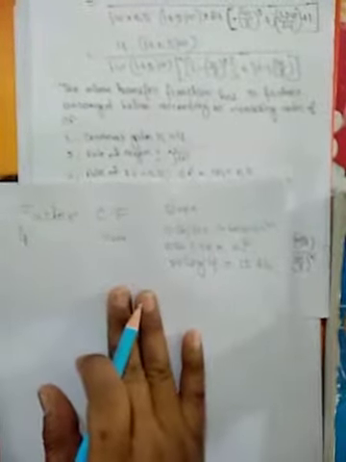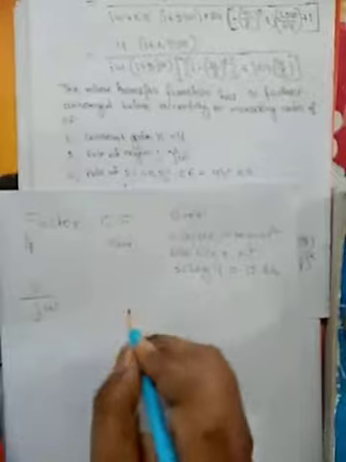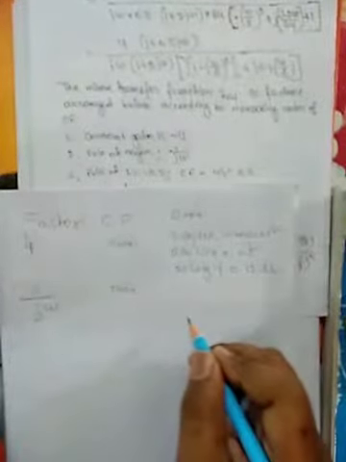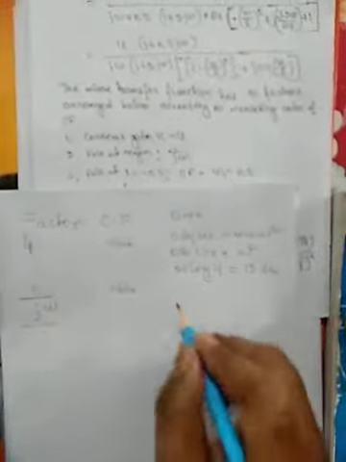Then the next factor is 1 by j omega. It also has no corner frequency. It has a slope, since it is the presence of a pole at the origin.